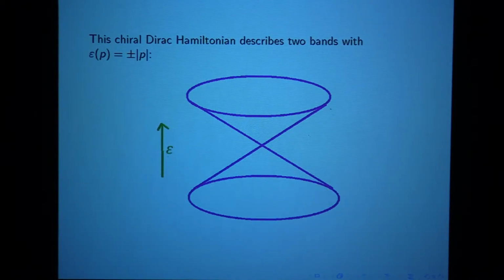So, the chiral Dirac Hamiltonian, which remember was sigma dot p, so the sigma matrices are 2 by 2 matrices, so in condensed matter terminology you would say it defines two bands corresponding to the two eigenvalues of sigma dot p. And so I've schematically drawn it here. The energy momentum spectrum is a cone. Well, the picture doesn't properly convey the fact that momentum space is three-dimensional.